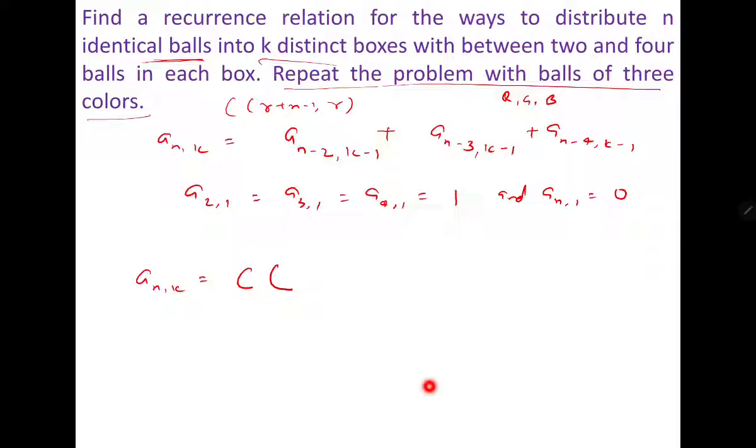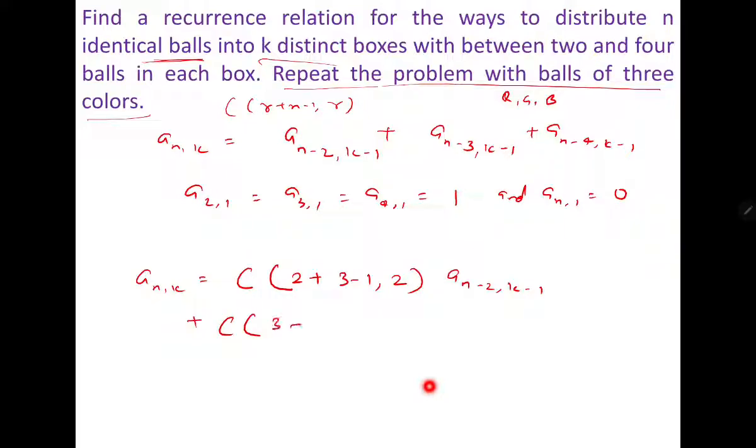So I have to choose 2 out of 3, and in that case, once I choose 2, I distribute the remaining in a n minus 2, k minus 1.